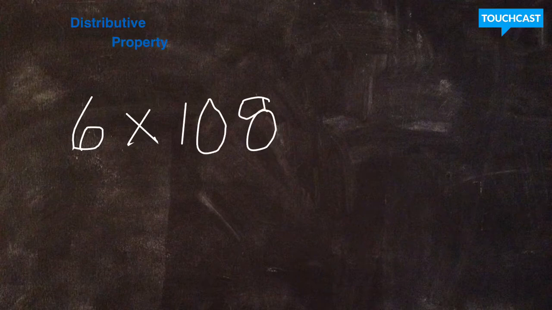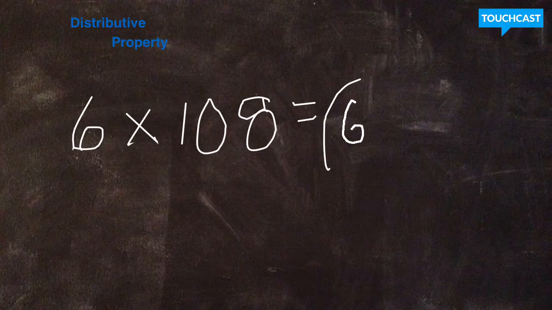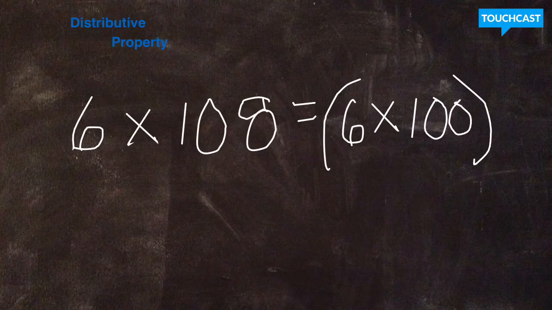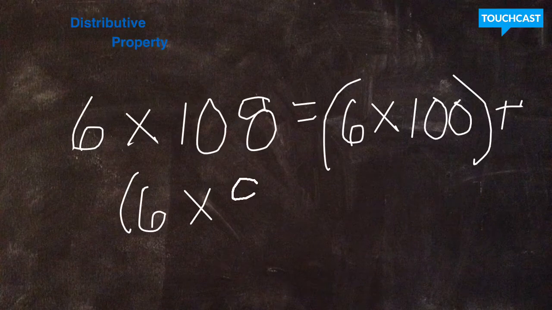The way that I'm going to break this number apart is 6 times 100, because I'm looking at my hundreds place, plus 6 times 8 for my ones place. I don't have a number in the tens, so 100 plus 8 makes 108.